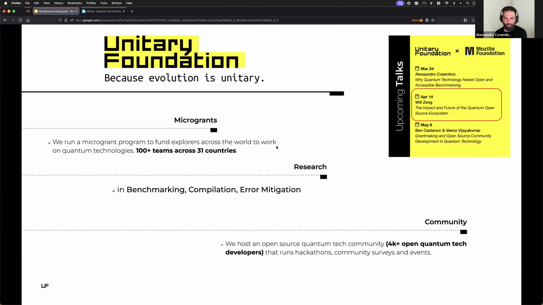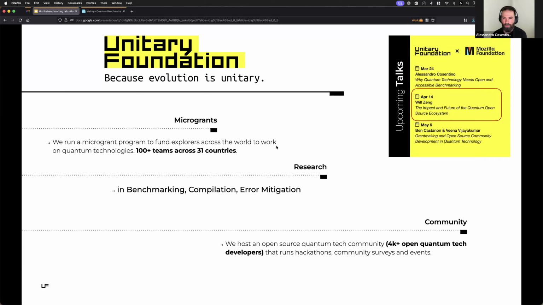We like to think it's making a big impact in open source quantum tech. We have a big Discord server that you are welcome to join to hang out and talk about open quantum science. We run some hackathons as part of community initiatives. We run a conference, usually in the summer, for open source quantum software as well.